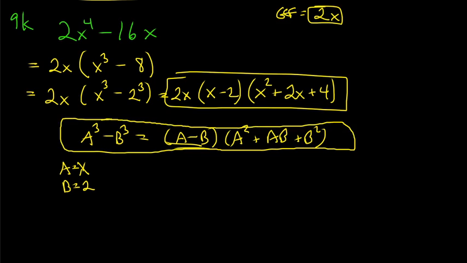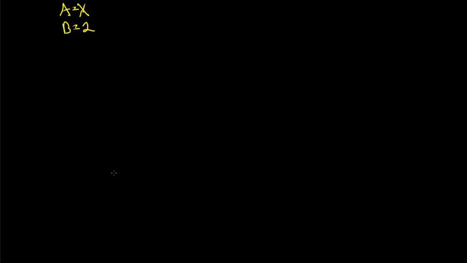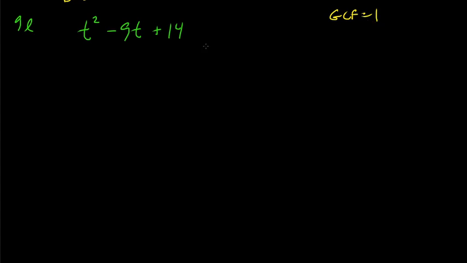And then finally 9L. So this is t squared minus 9t plus 14. And GCF is 1. And a is 1. So what two numbers multiply to 14 and add to negative 9?